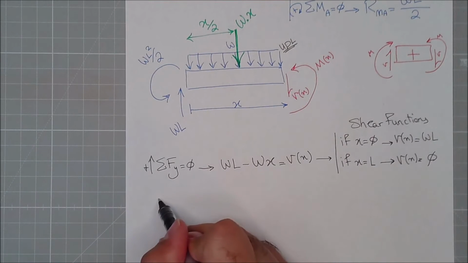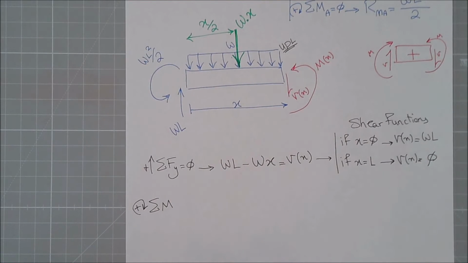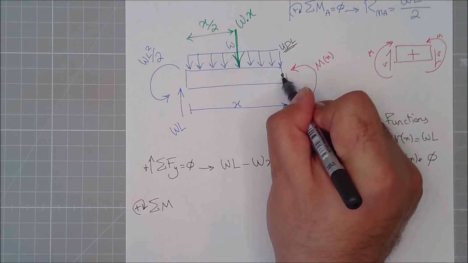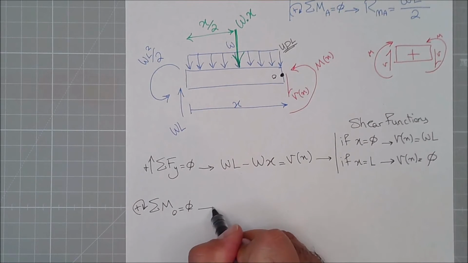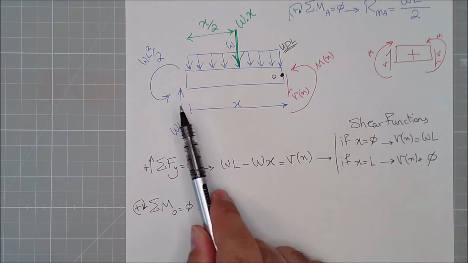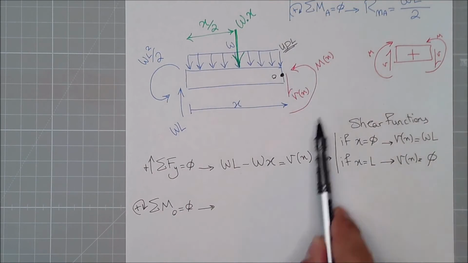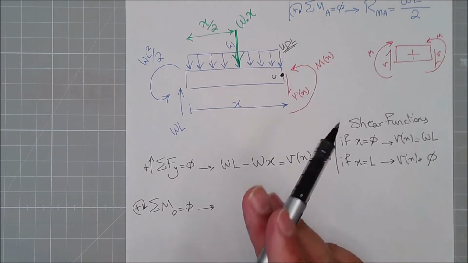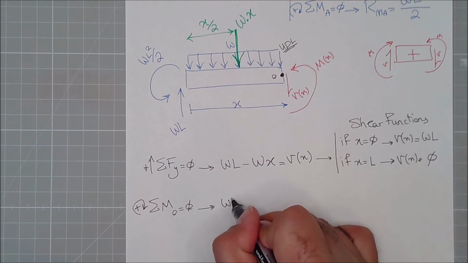Let's write the moment function as well. Considering this positive, I take the moment about point O equals 0. I have this guy going upward with the center of O, so it's positive. So WL.